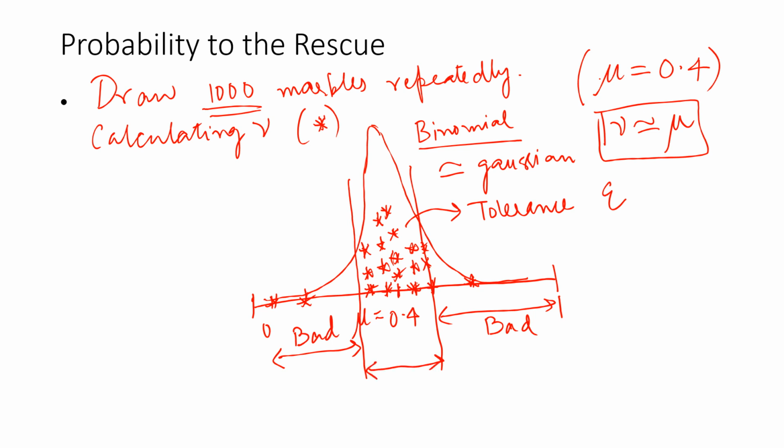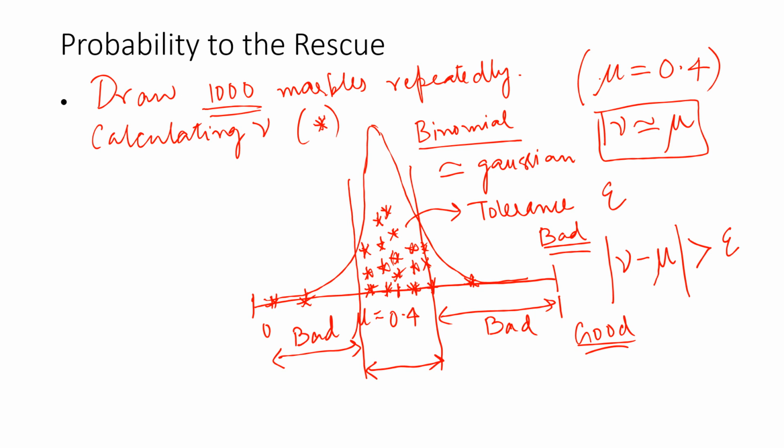I have defined that tolerance to be epsilon, and all the nu's that lie within this tolerance level are something I'm interested in. So these are the good ones. The bad outcome here is if I find the difference between nu and mu, and it is greater than my tolerance. This is my bad outcome, so my good outcome is the opposite of this, obviously.